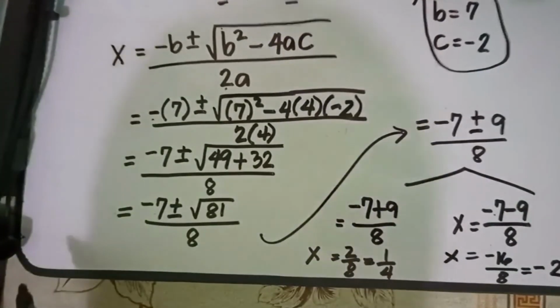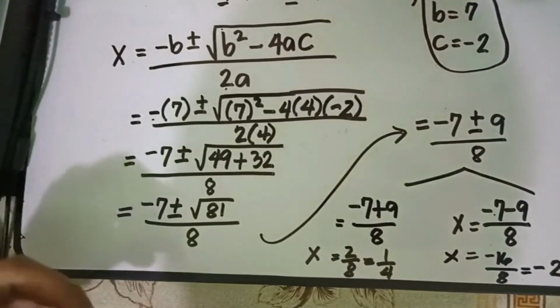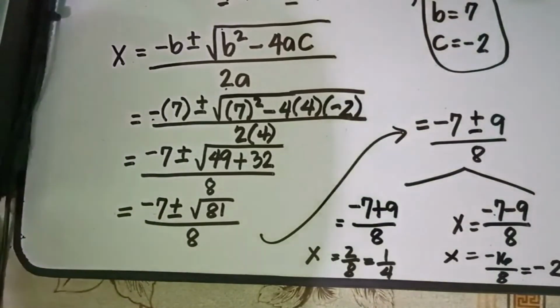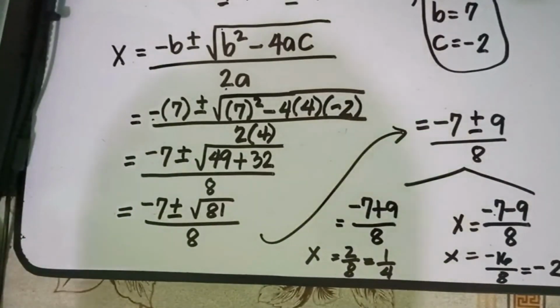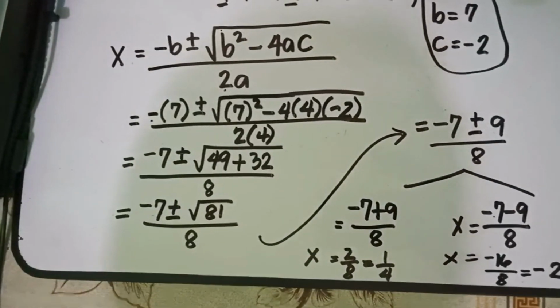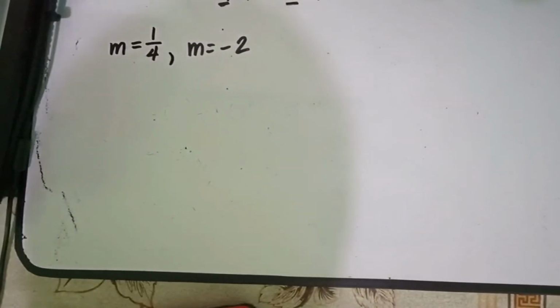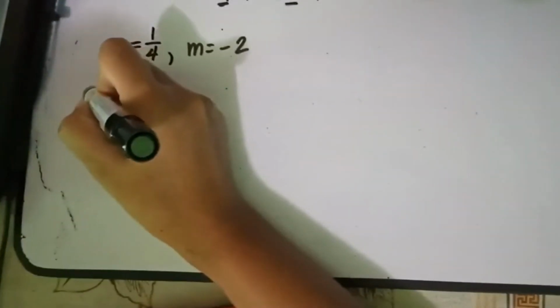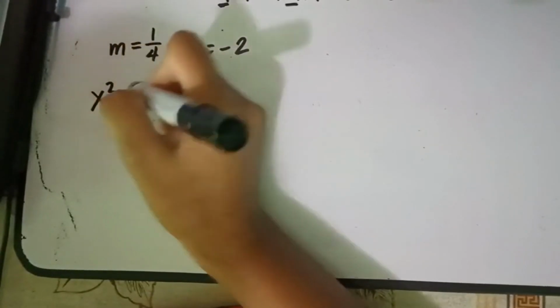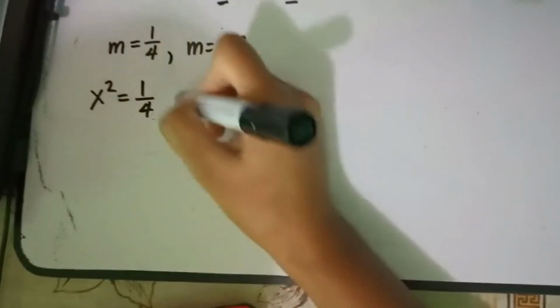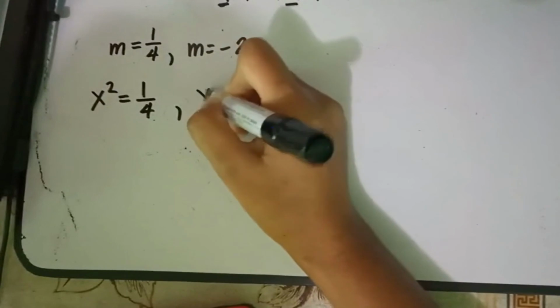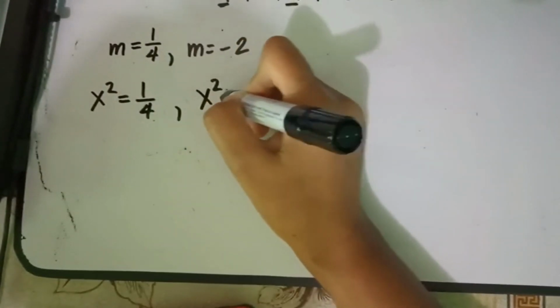So, that means the value of our m are 1/4 and negative 2. Since m is equal to 1/4 and negative 2, therefore, that means x squared is equal to 1/4 and negative 2 also. Tama?